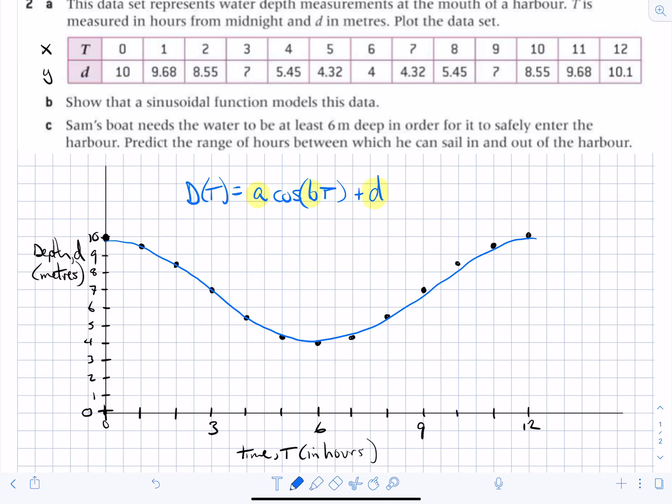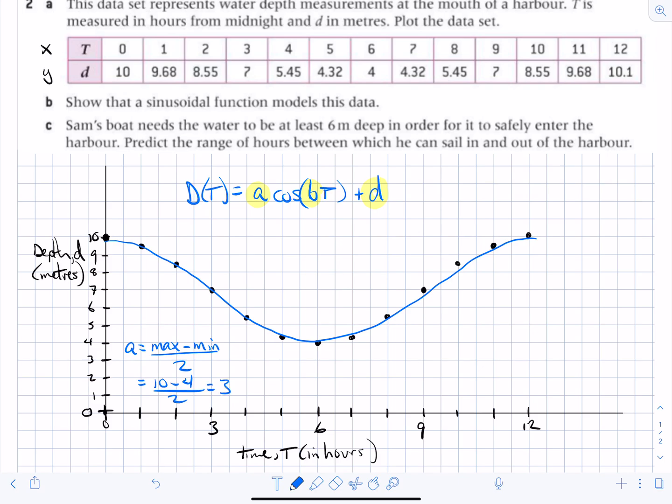I hope you know how to do that by now, based on yesterday's class. So how will I find A? A is equal to the max value minus the minimum value of y, divided by 2. So in this case, it's going to be 10 minus 4 divided by 2, so it's going to be 3.